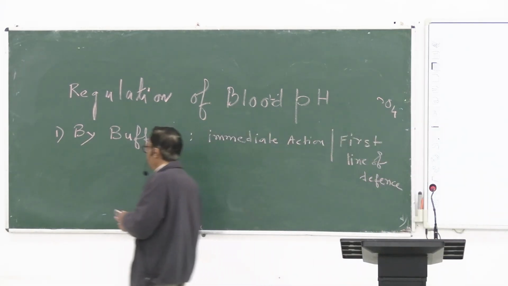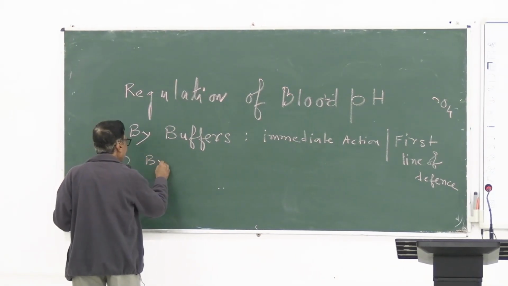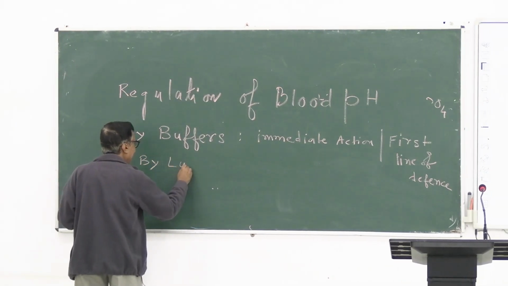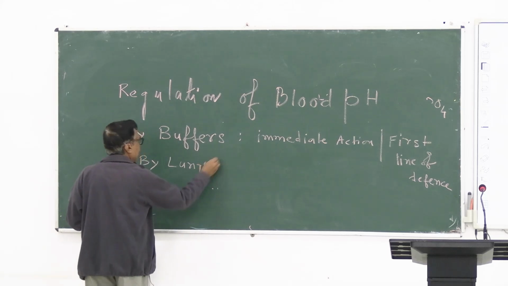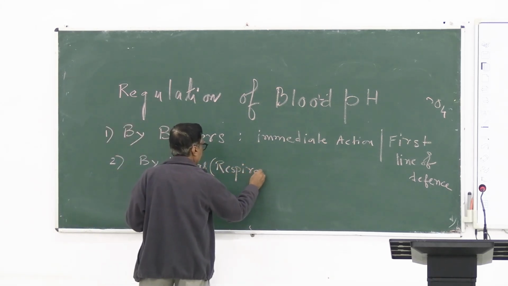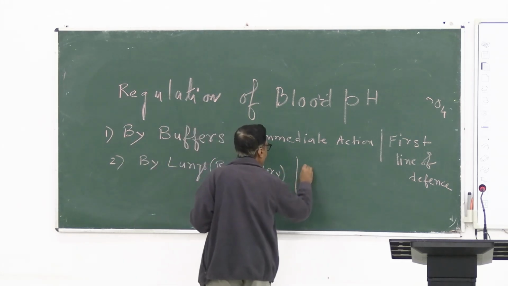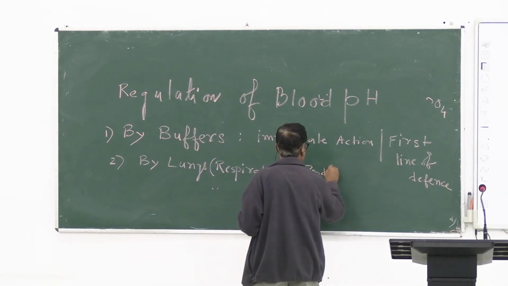Second line of defense is respiratory regulation, by lungs. It is also called second line of defense.